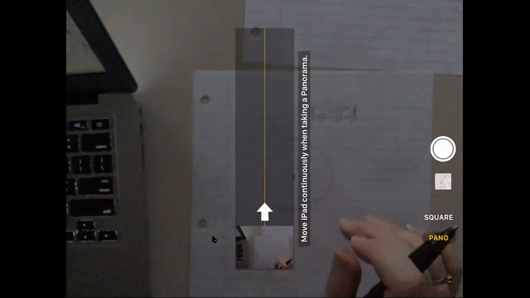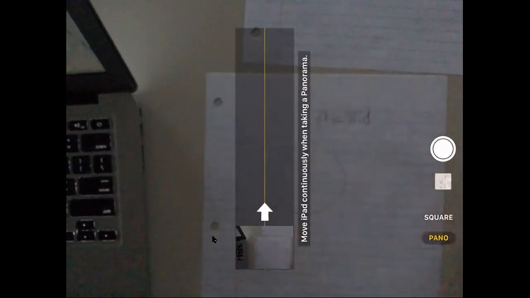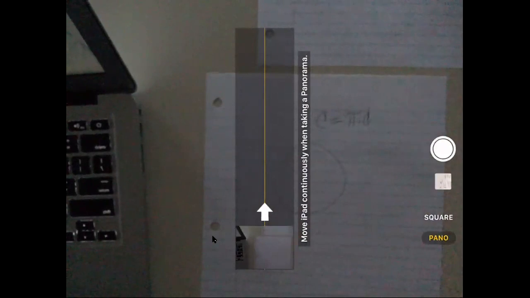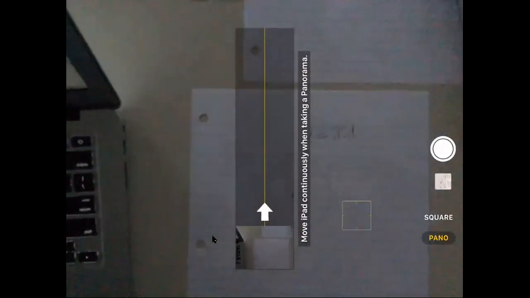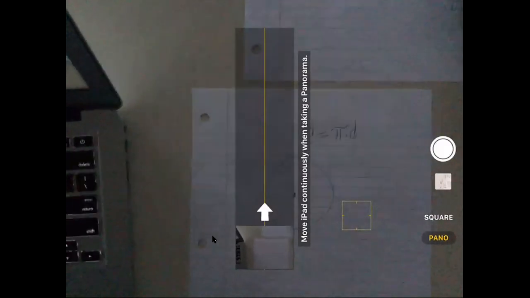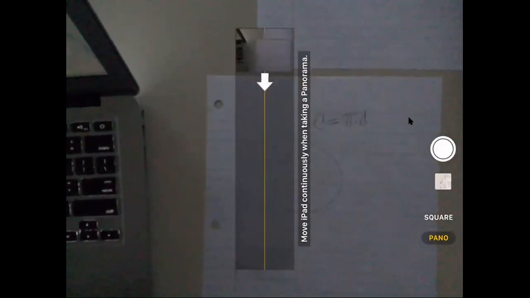Can you see that? No, it's something in the middle of your screen. It says move iPad. Oh, dang it. I don't know what happened.